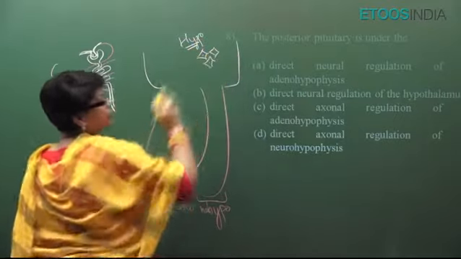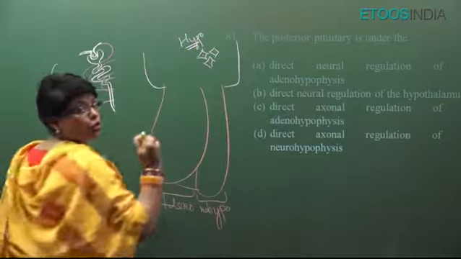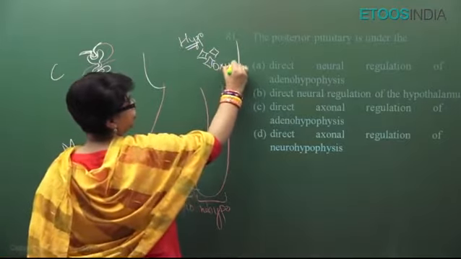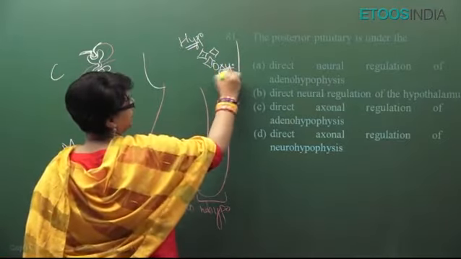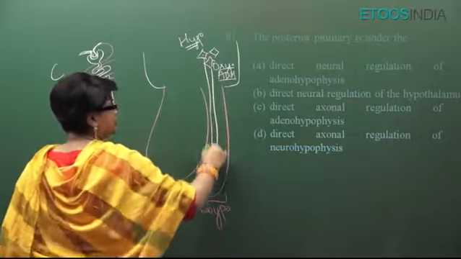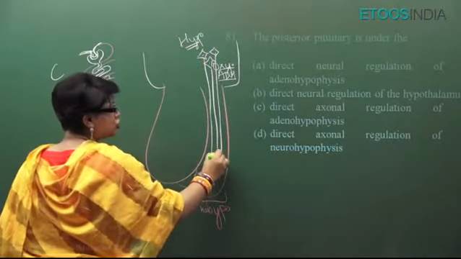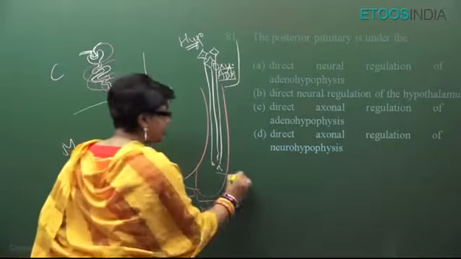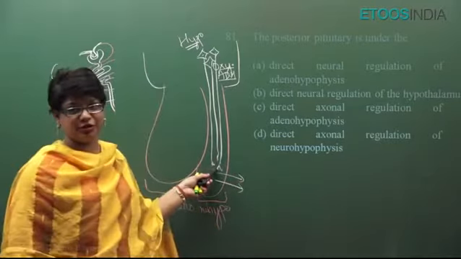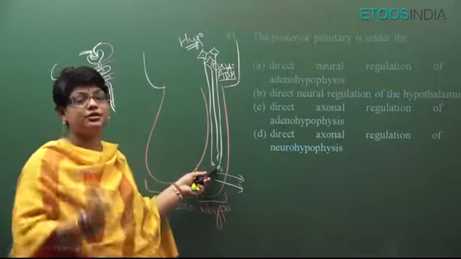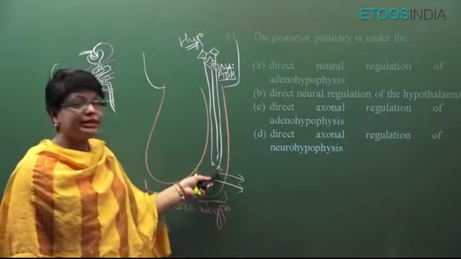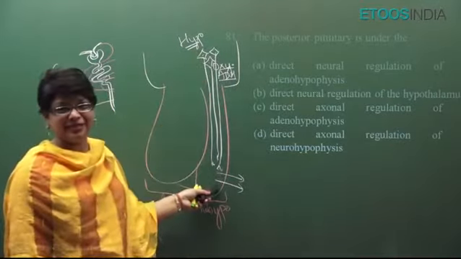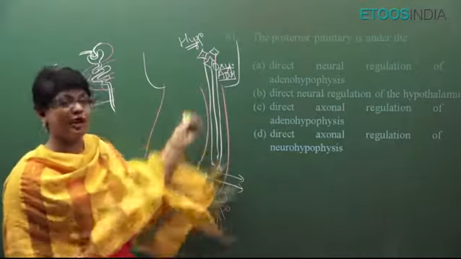Some of these neurosecretory cells produce two hormones, oxytocin and ADH. These hormones come by axons and get stored in the posterior pituitary, and whenever required they are released into blood from the posterior pituitary, but the posterior pituitary is not synthesizing them. So it is under direct control from the hypothalamus because it is getting the hormones from the hypothalamus.